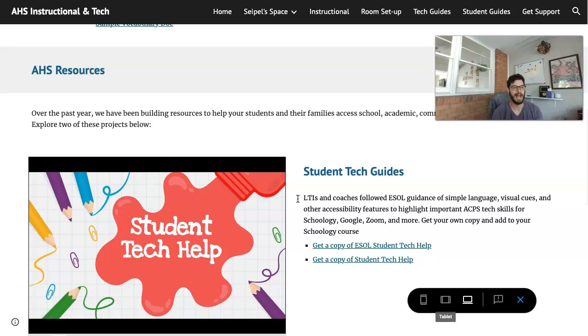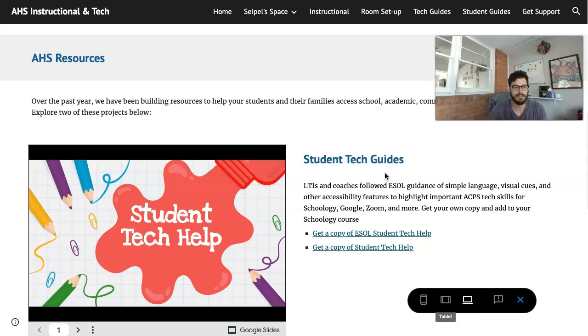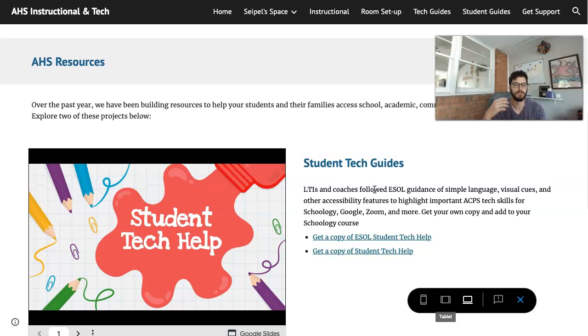The next items that we have are some resources that have been built throughout this school year. And the first one is a student tech guide that was built specifically with our ESOL students in mind. So the LTIs, we partnered with Lisa Killam, one of the instructional coaches, and she gave us strategies that you can think through when you're making these resources, and it included using very simple language and avoiding idioms, speaking at a slow, clear pace, and then also being able to use some accessibility tools that are built into items like YouTube.